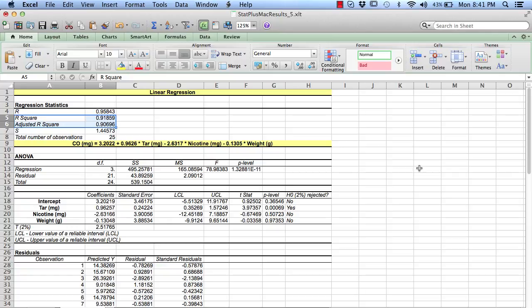However, we have this adjusted R² value, which doesn't come up in simple linear regression. But for multiple regression, this is really the value that I would say you want to pay attention to. And here's the idea behind it.